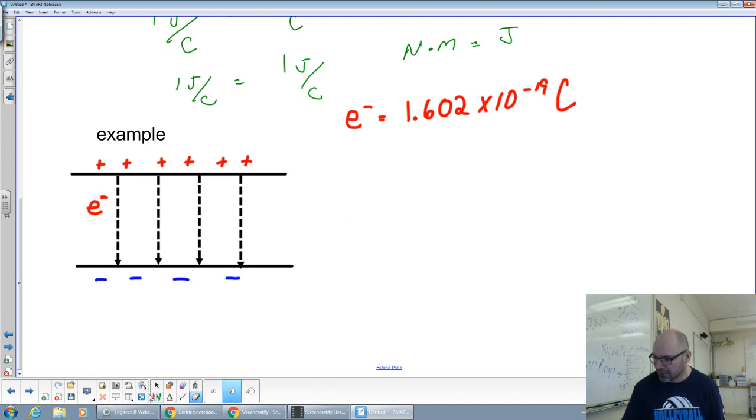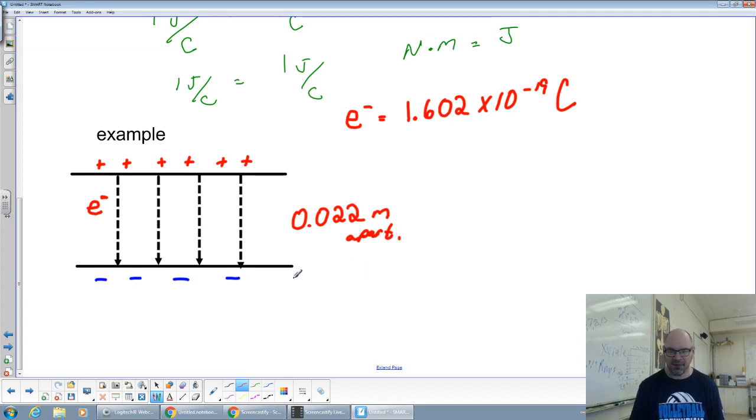Let's say that those charged plates are 0.022 meters, so 2.2 centimeters apart. Okay, so we have that, and let's say that the electric field strength between these, this field here, is equal to 7,500 newtons per coulomb.